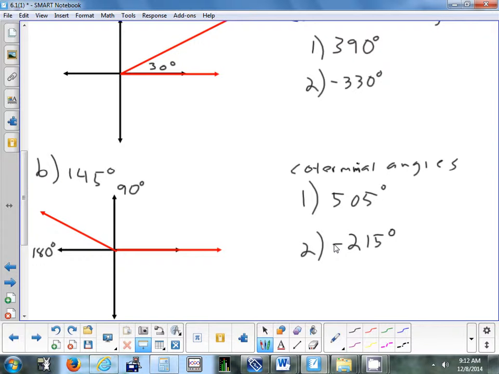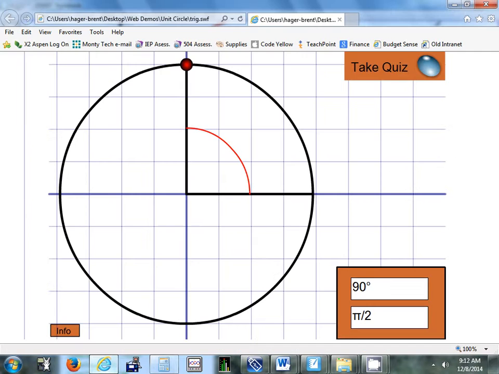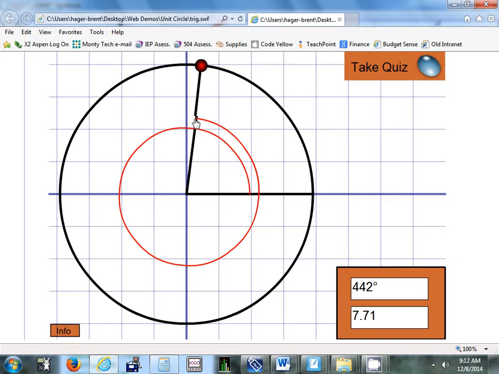Okay, I'm not going to have you sketch an example going around more than once. The way that this program does it is it just adds that spiral in so you can see how many times you've gone around. Otherwise, if you don't put that spiral in and you just show the initial and terminal, there's no way you'd know how many times you went around.